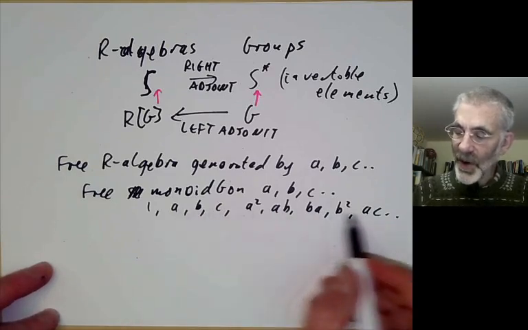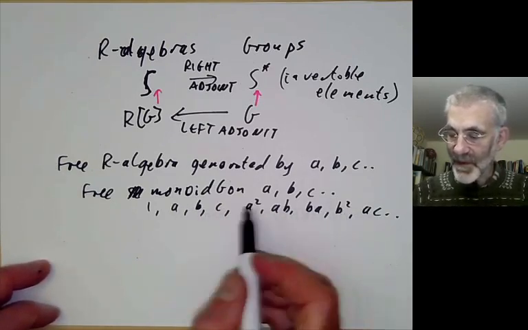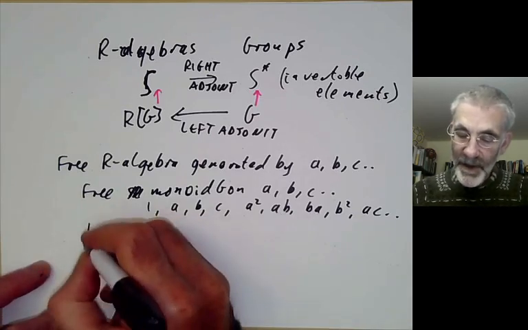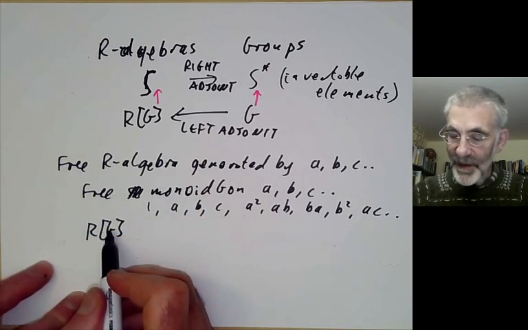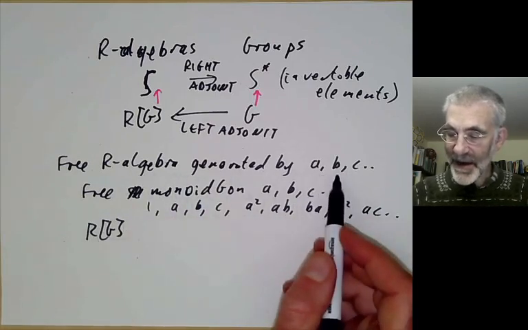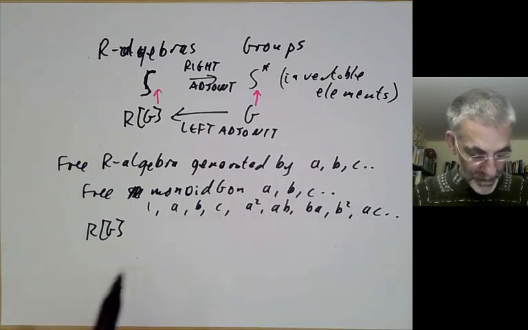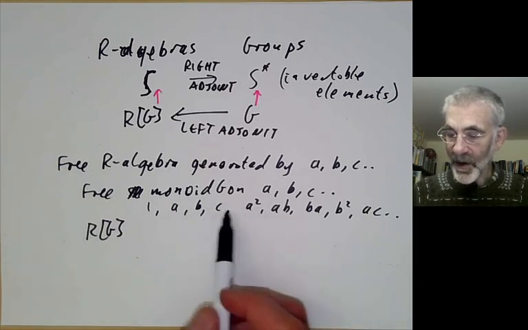So they're all monomials in A, B, and C, and so on, except that you have to keep track of the order because these don't commute. And then the monoid ring of this is just going to be the free R algebra generated by A, B, and C, and that's kind of fairly obvious if you think about it a bit. That's the free non-commutative R algebra.